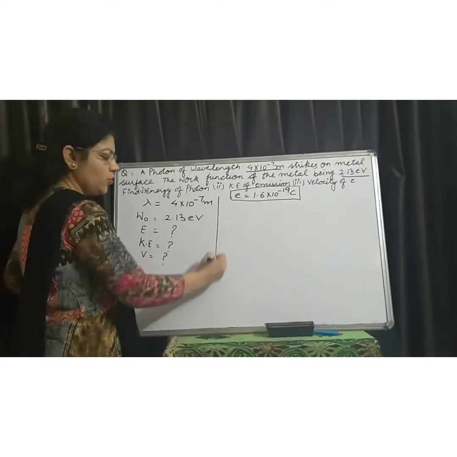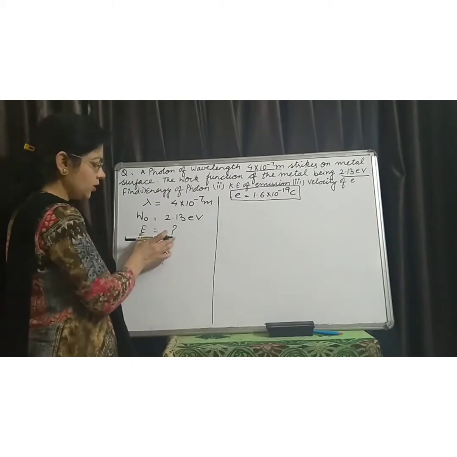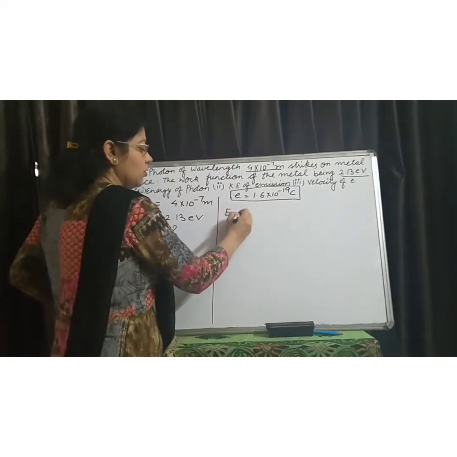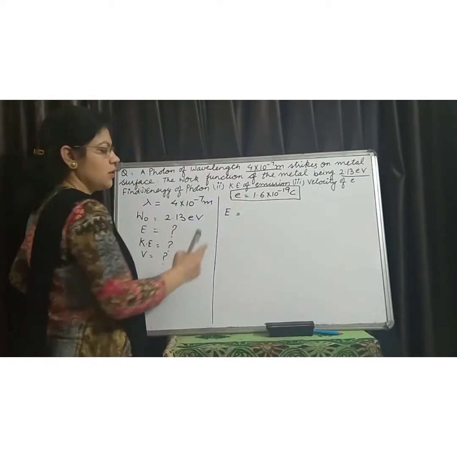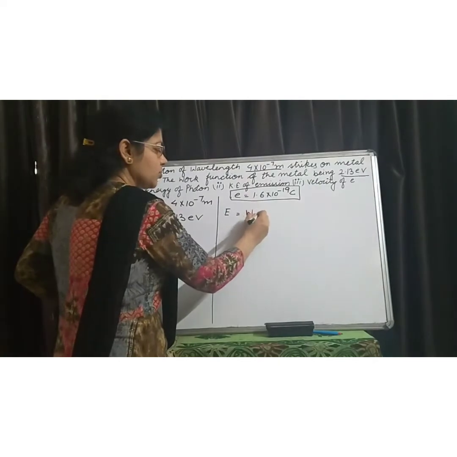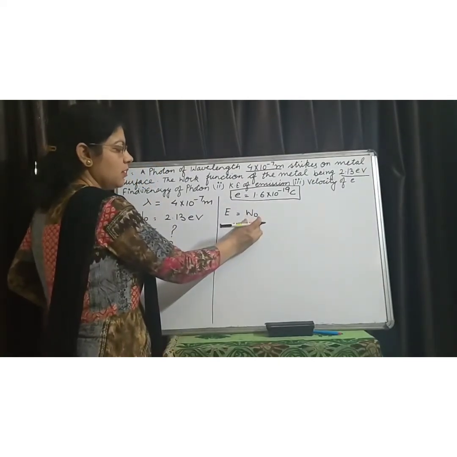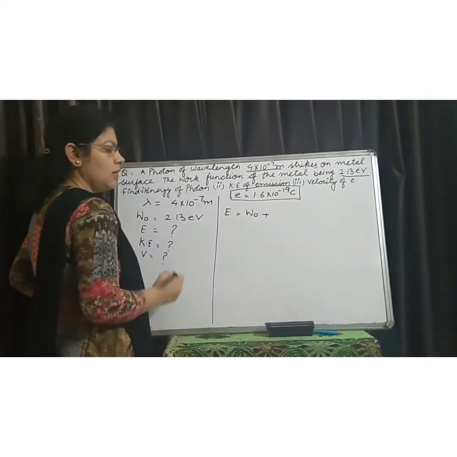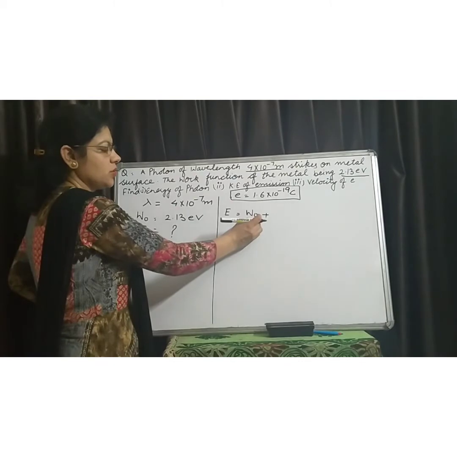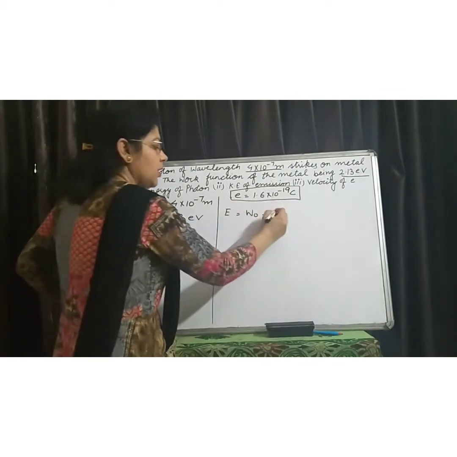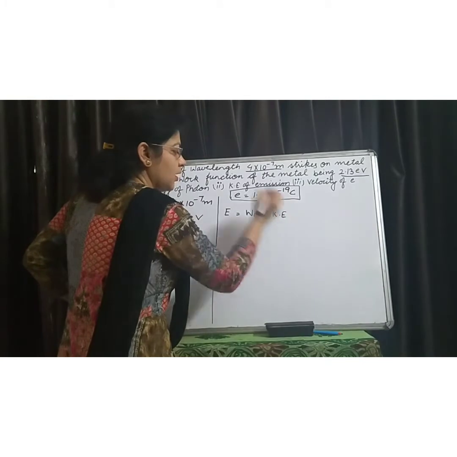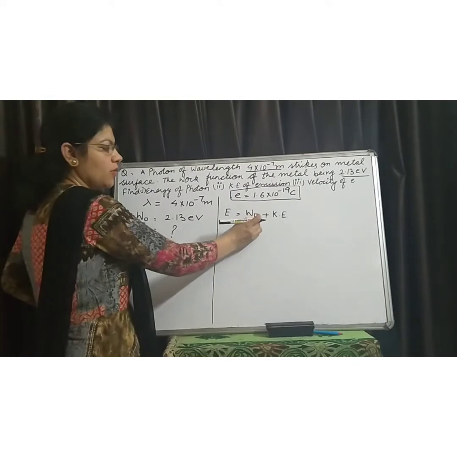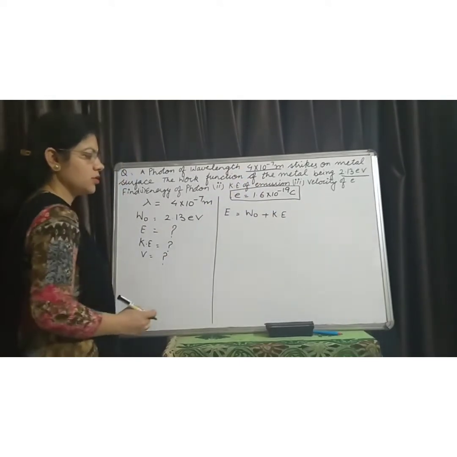From the photoelectric effect, we know that the total energy is used to do two works. The first one is the work function, also known as the threshold energy. The energy greater than the work function is used as the kinetic energy of the electron. So, the total energy of the photon is equal to work function plus kinetic energy.